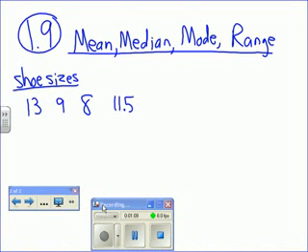And all right, Amber? 7s, okay. Tia? 7. All right, Brittany? 7.5. And Josh? 11.5. And Gabe?